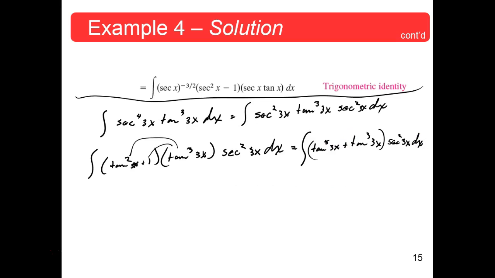All right. Now, what might we choose to do? You want to do a u substitution? Is that what you said? Okay. Let u equal, and what do you want it to substitute as? u equals tangent 3x. Then, next line, du is equal to secant squared 3x times 3 dx.